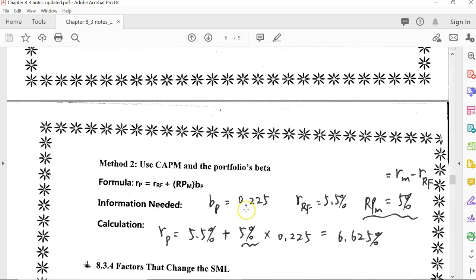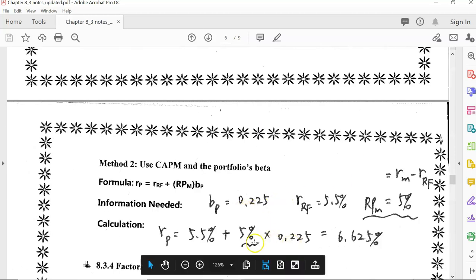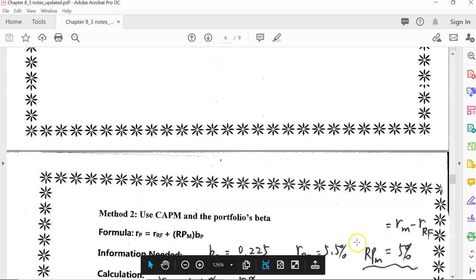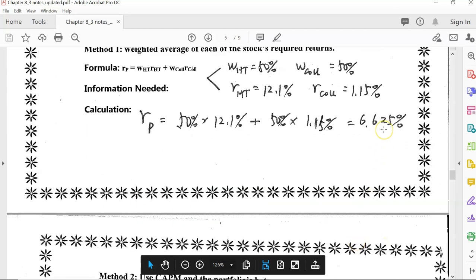Then we use 0.225 multiplied by the market risk premium 5% plus the 5.5% risk-free rate. So portfolio return is 6.625%. We're using the CAPM model. This is the same as the portfolio return as here.